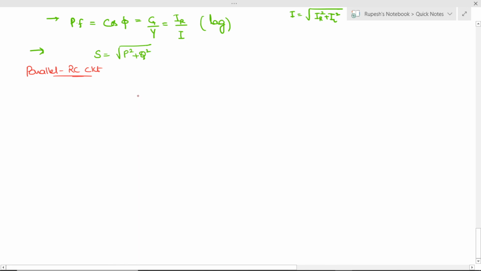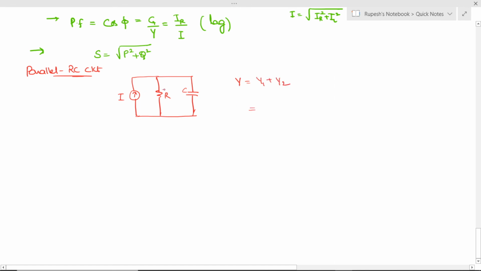In the parallel RC circuit, how can we draw this? There is a resistor R in parallel with the capacitor C, and let us take the source current as I. Here the admittance is again Y1 plus Y2.